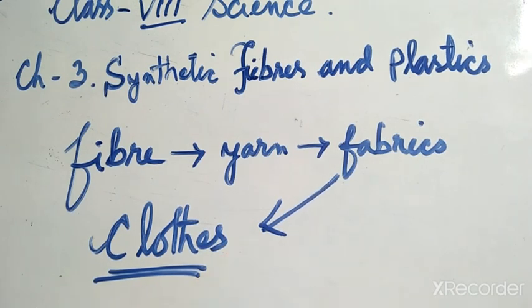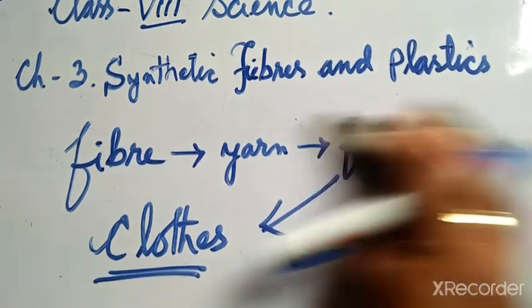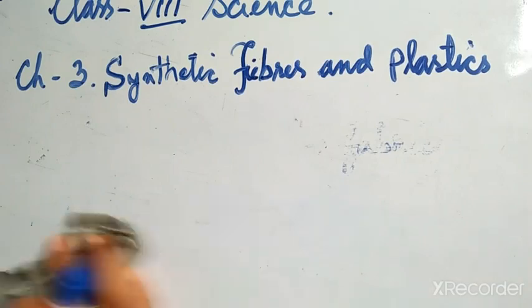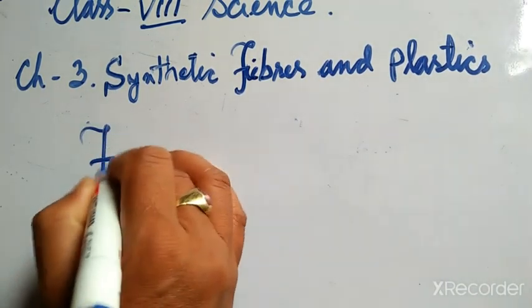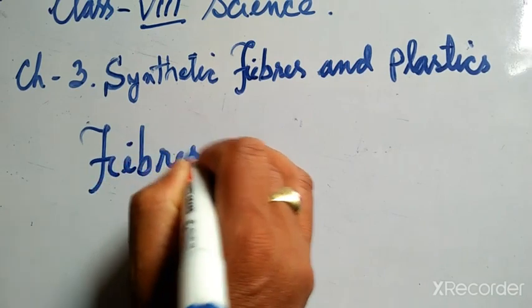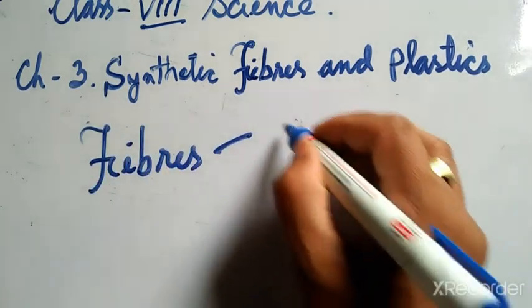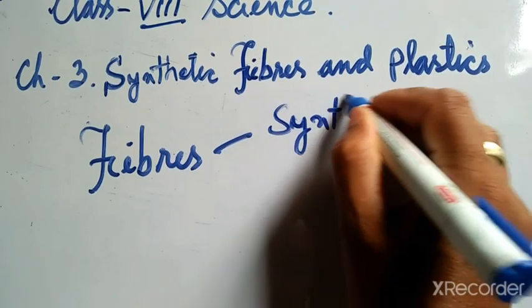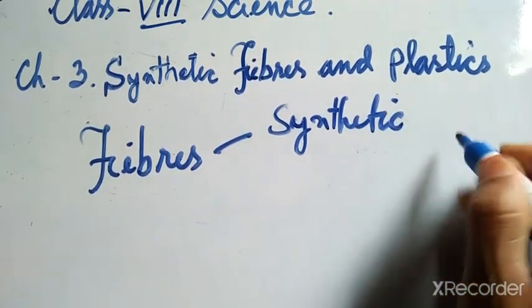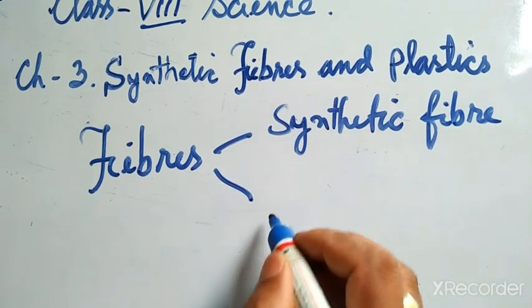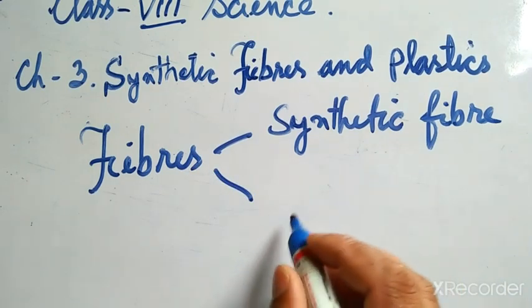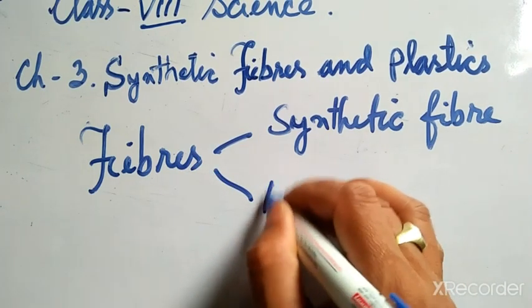So that is the definition of fiber. Then fibers can be of two types: number 1, synthetic fiber, and number 2, natural fiber.